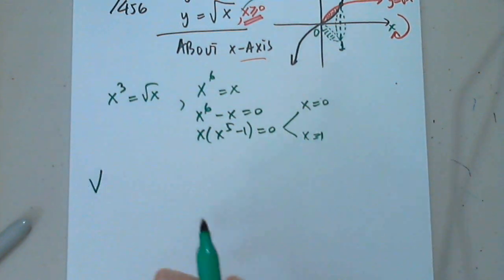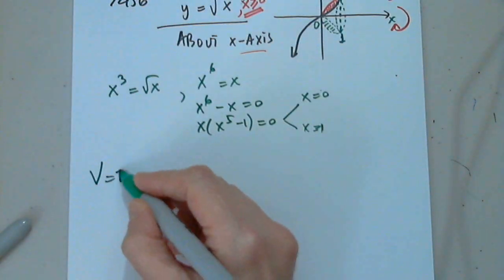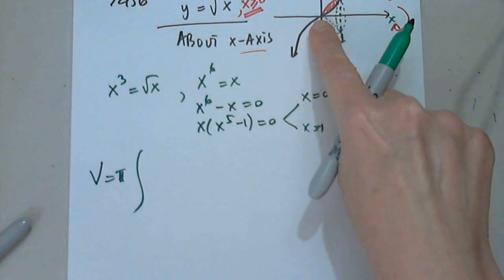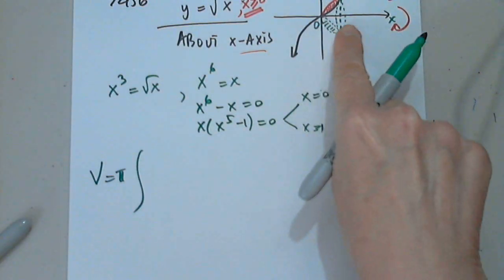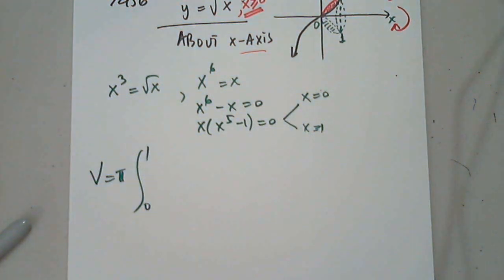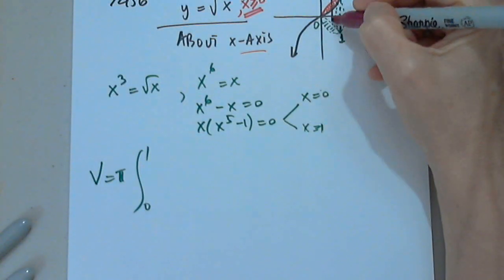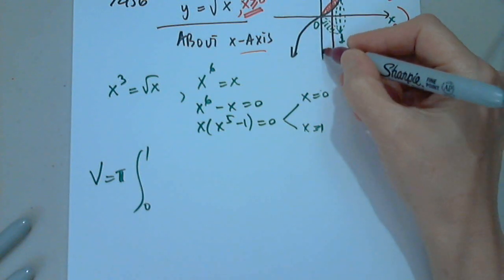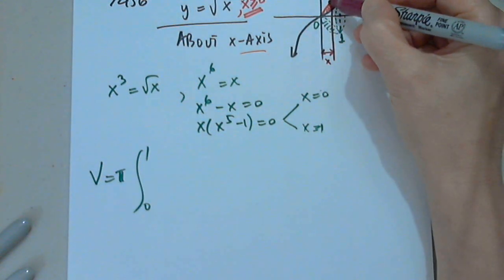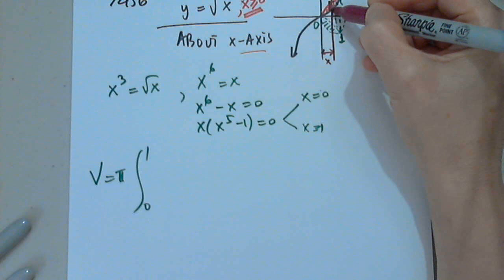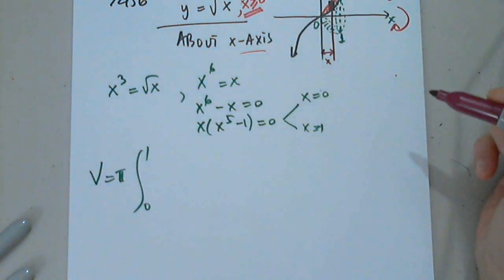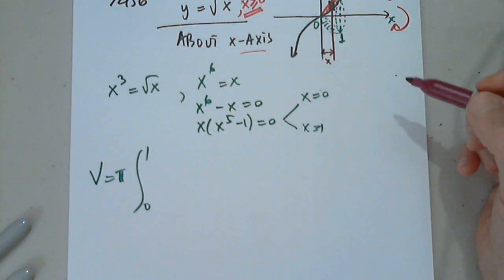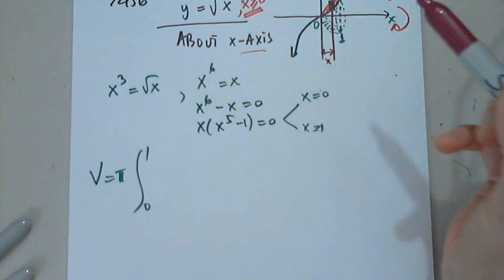So the volume then will be, of course, pi can stay outside. We are integrating with respect to x between 0 and 1. So since we are integrating with respect to x, we're going to say this. For a particular x value, we are going to picture, in this particular case, a washer.